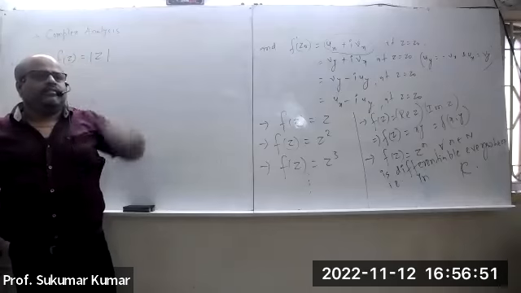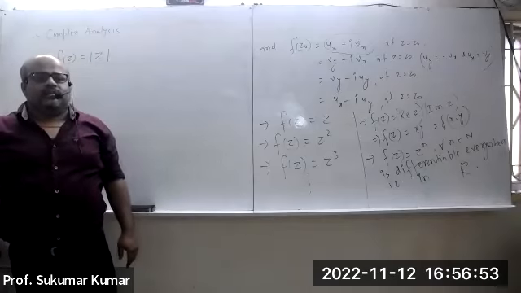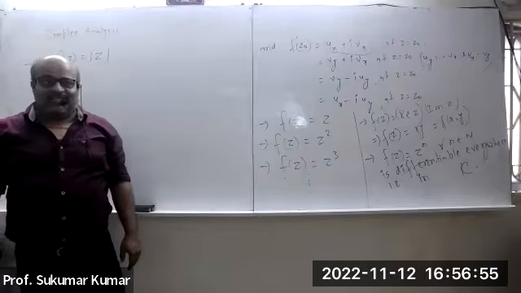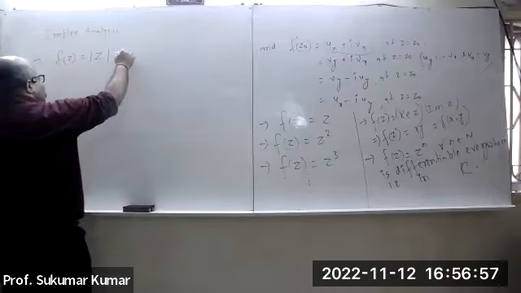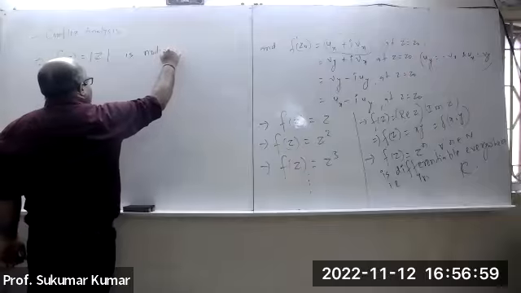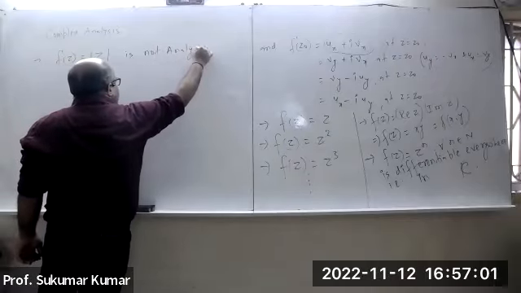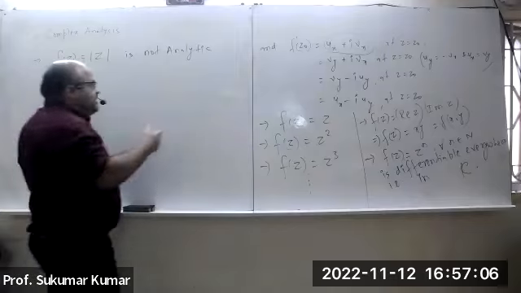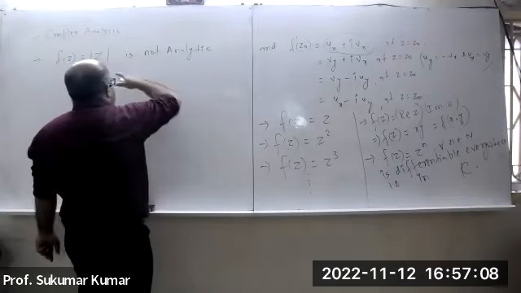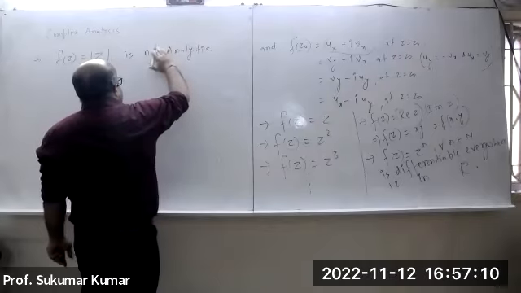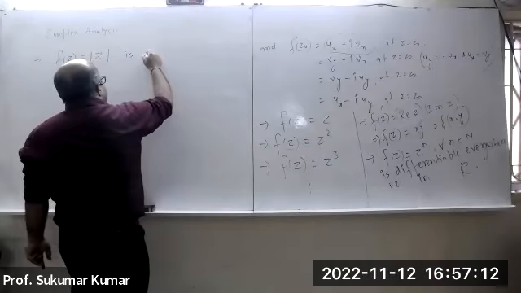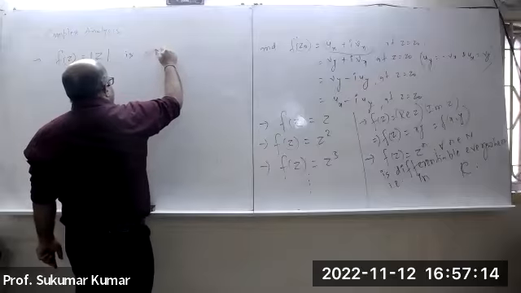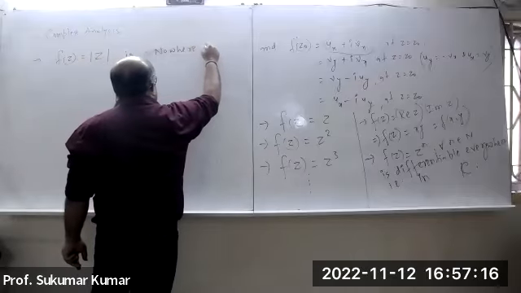No. Why? Nowhere differentiable. Very good. It is not analytic. Especially they are asking at 0, and 0 is not differentiable only, we are seeing. And also nowhere differentiable, so you can write nowhere analytic also.